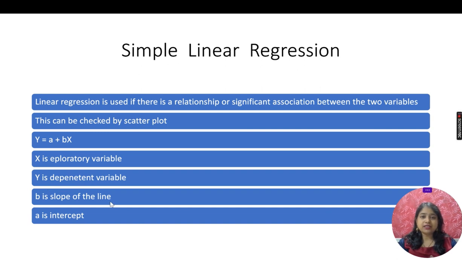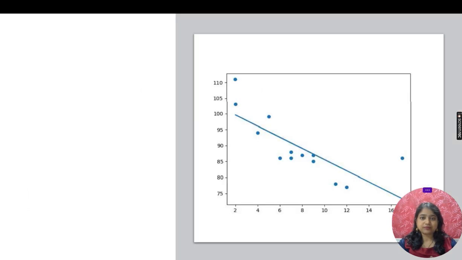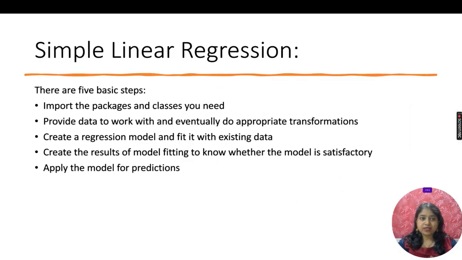We can create a scatter plot, and from the scatter plot we can create the line y equal to a plus bx. The linear regression graph looks somewhat like what is given on the screen. We have different points, so we try to draw a line which is close to the maximum number of points, and then this particular line gives us the result of linear regression.